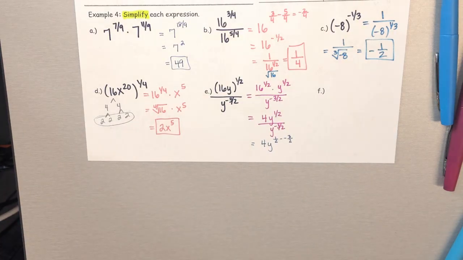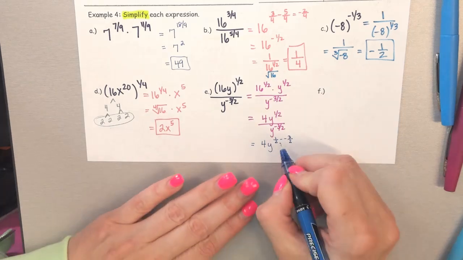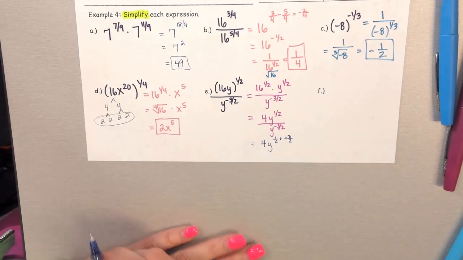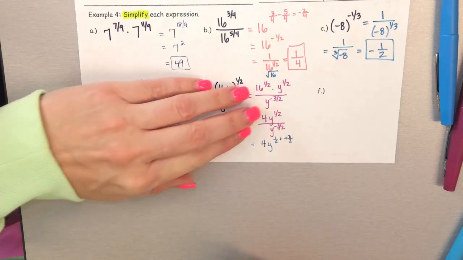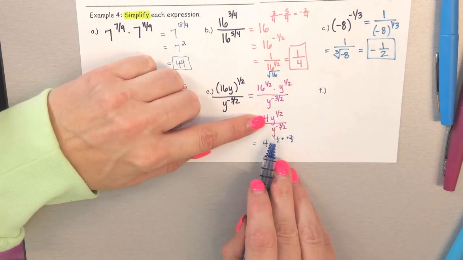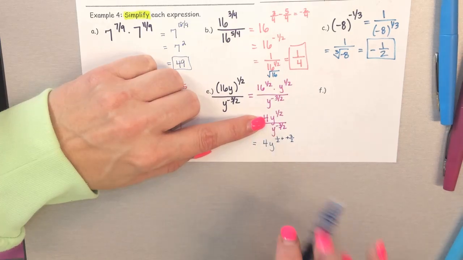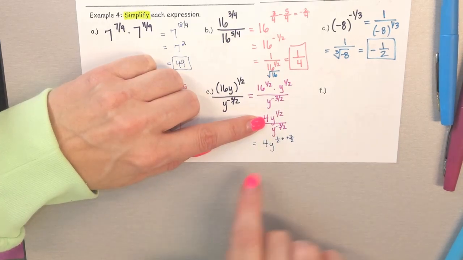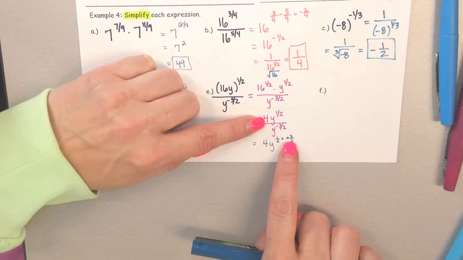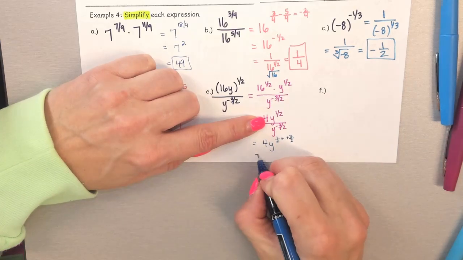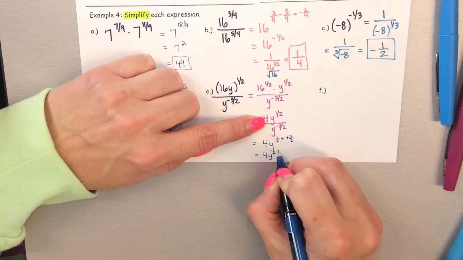And when you're subtracting a negative, it turns into a plus. This comes from our second rule, where if you have the same base, you can do the top minus the bottom. It's just we had minus a negative. So 1 plus 3 is 4. 4 divided by 2, 2. So it becomes 4y squared.